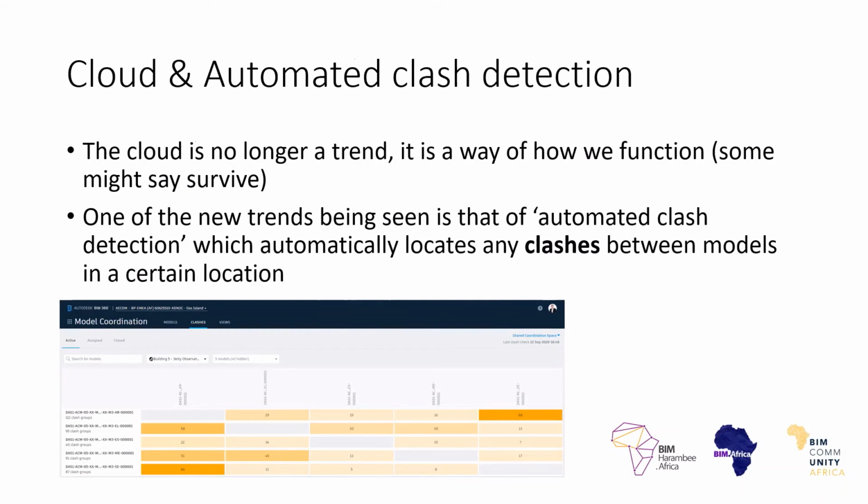I've mainly been exposed to this automated clash detection through the BIM 360 model coordination module. I think it's a very exciting space. I think it is really at the moment suited to small to medium-sized projects that are not very complicated.